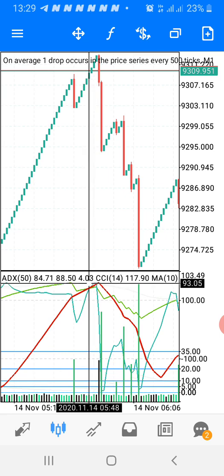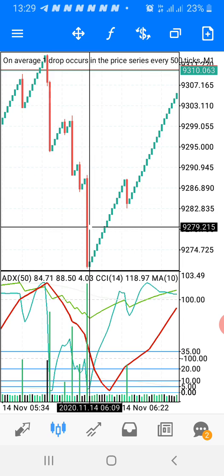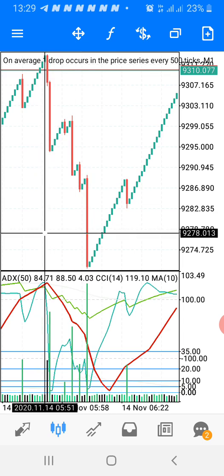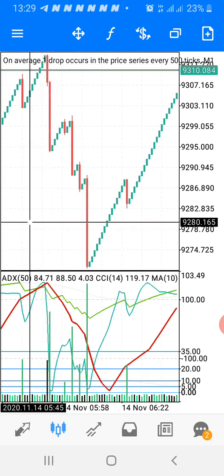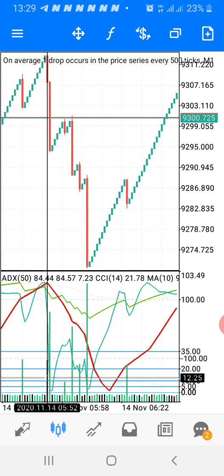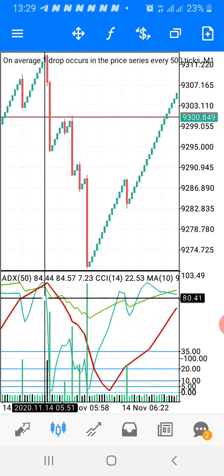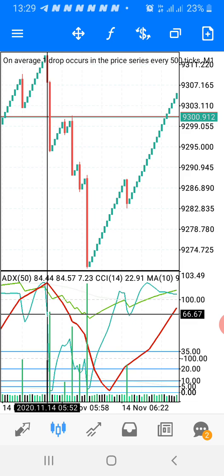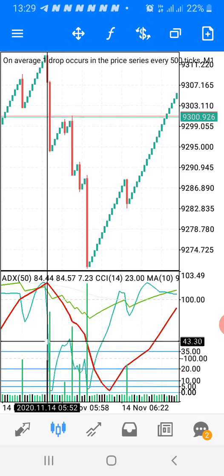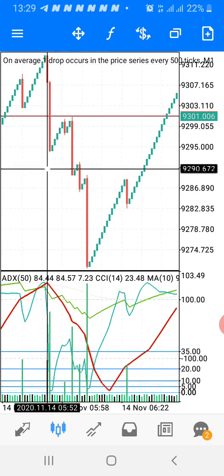Something to note is that when you catch a spike like this and the next candle is a black candle, just like this, then you expect another spike.